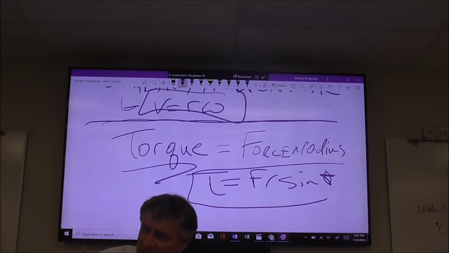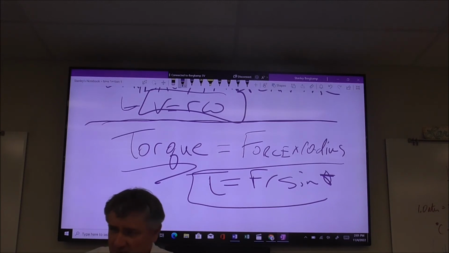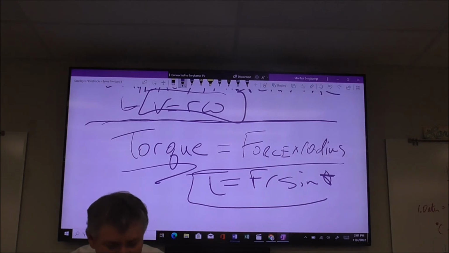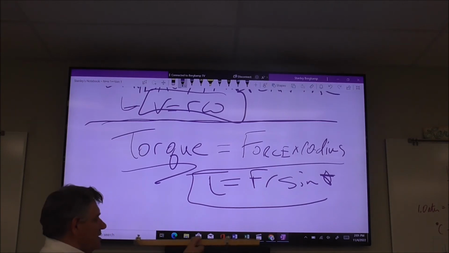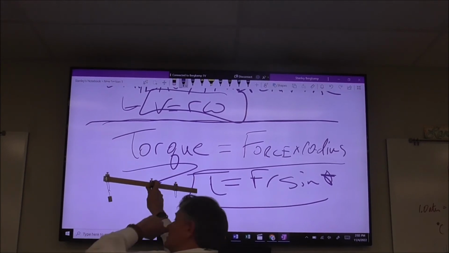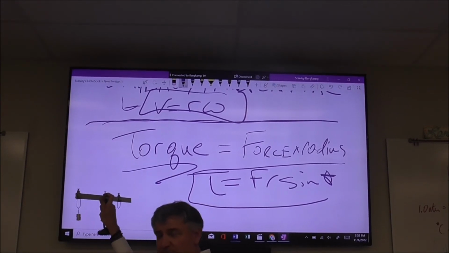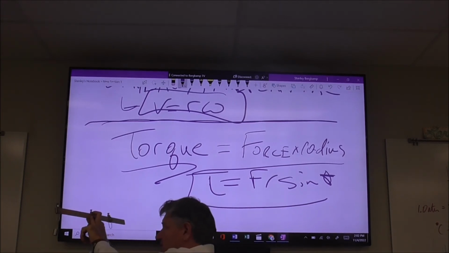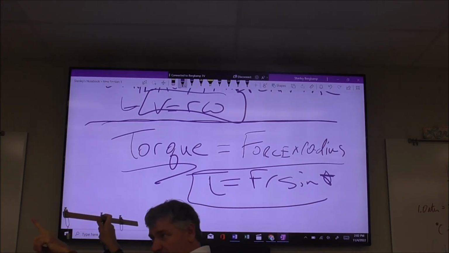Typically when you talk about torque, you talk about what's called clockwise torque and counterclockwise torque. From your perspective, this weight out here is pulling down. So that's why this is a product of two things: force, how much force there is, and the distance from the pivot point.